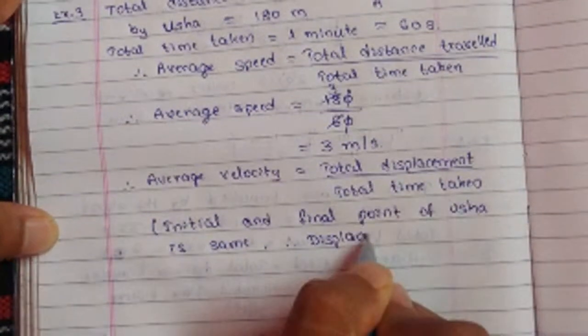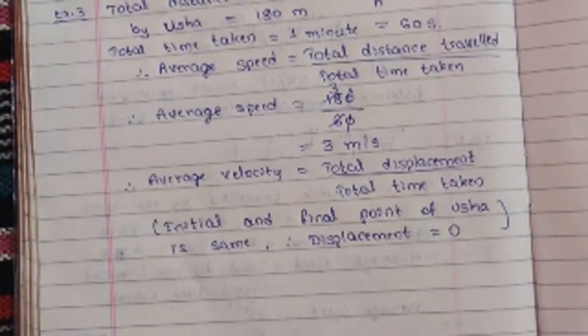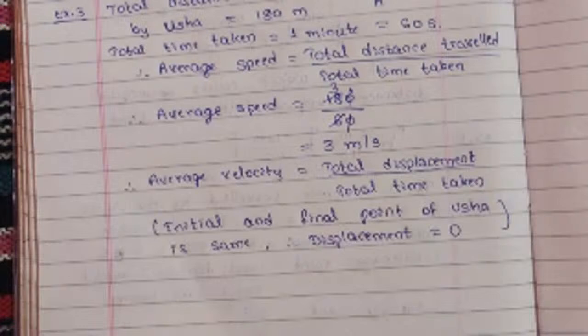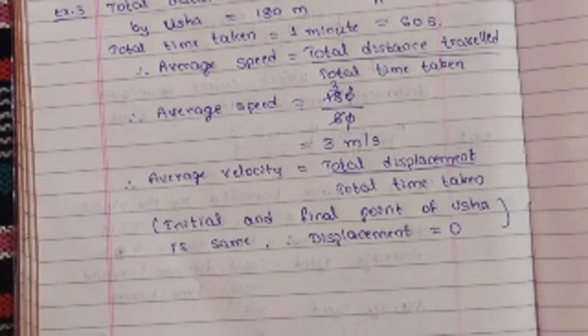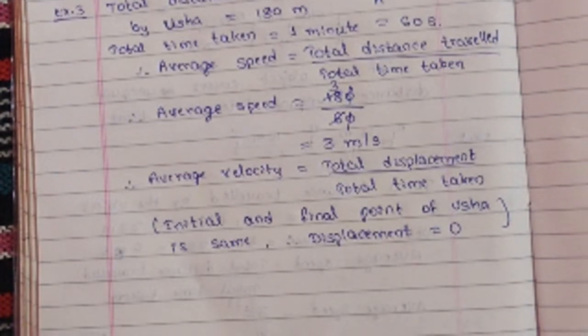Therefore displacement is equal to 0. Because if the initial and the final point are the same, then the displacement becomes 0. The distance does not become 0, it becomes double, but the displacement becomes 0.